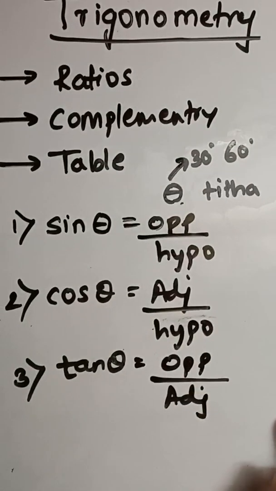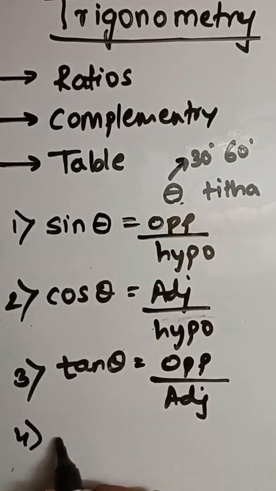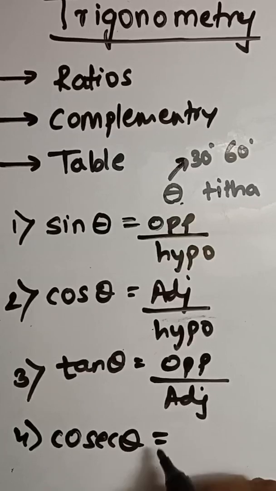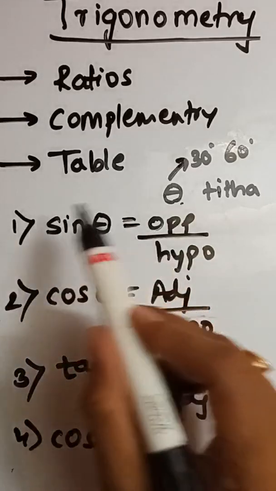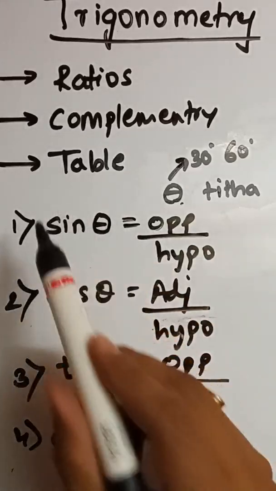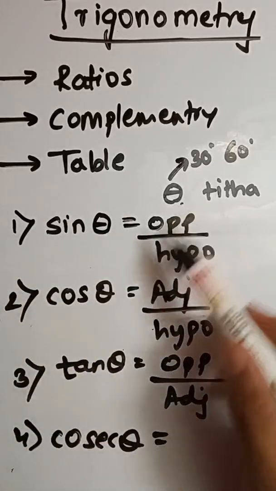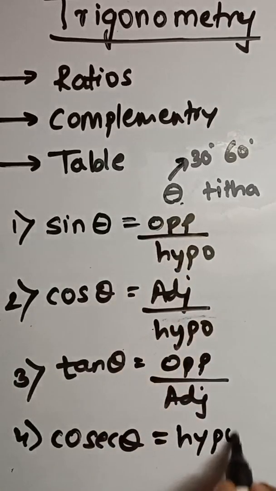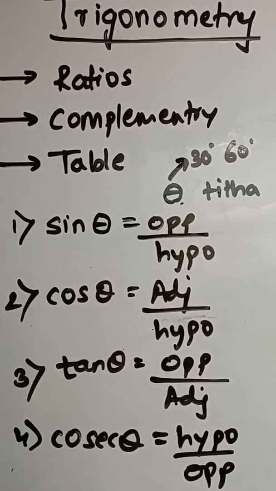Now the next one is cosec theta. Now what is cosec theta? Cosec theta is nothing but the reciprocal of sin theta. Reciprocal of sin theta means, इसको उल्टा कर दो, opposite upon hypo को उल्टा कर दो, तो cosec is hypo upon opposite.